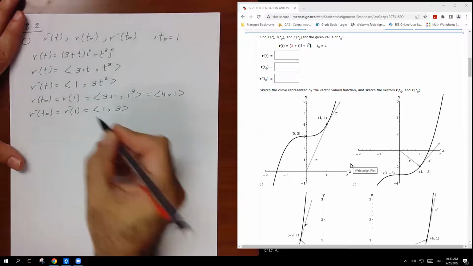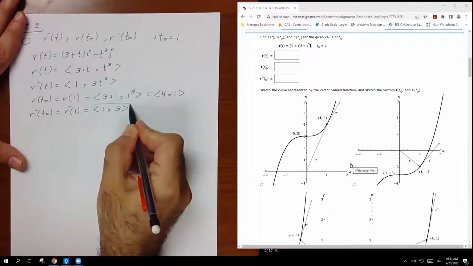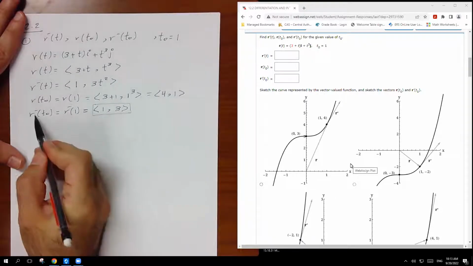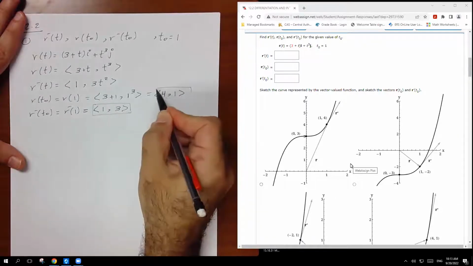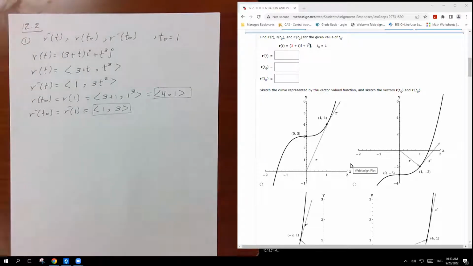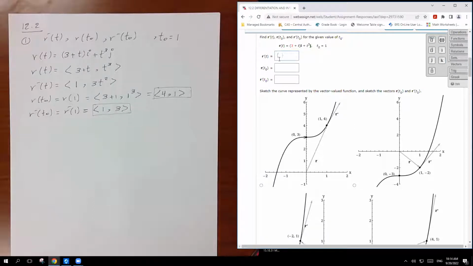Now we have to learn how to graph it. So keep in mind, this is r prime of t naught, and this is r of t naught. So let's graph these. The first thing I'm going to type here is the vector. It's going to be r prime of t naught, which is 1, comma 3t squared.